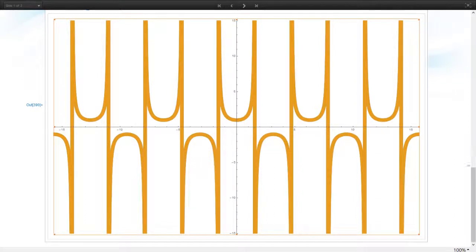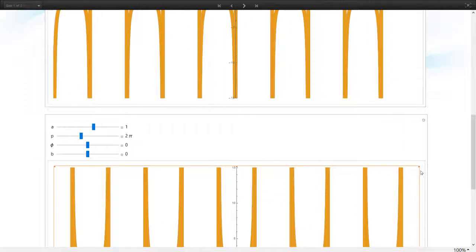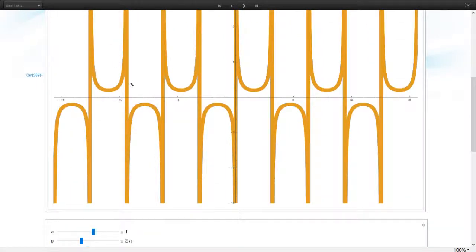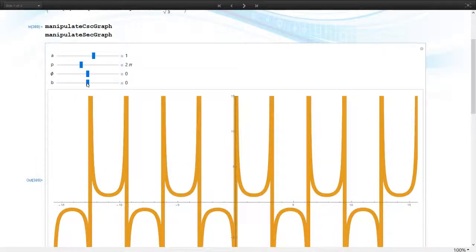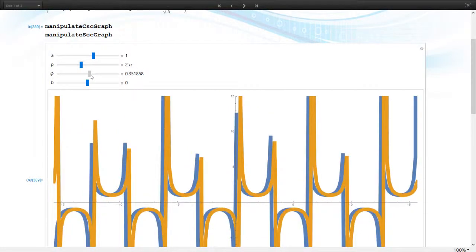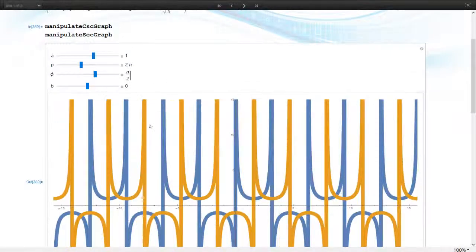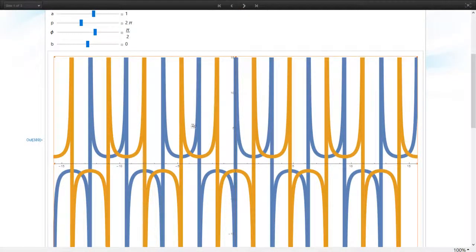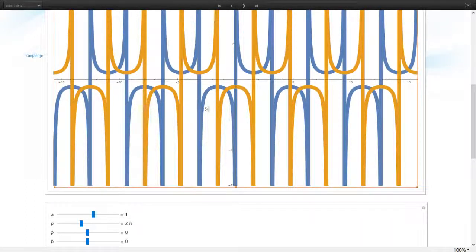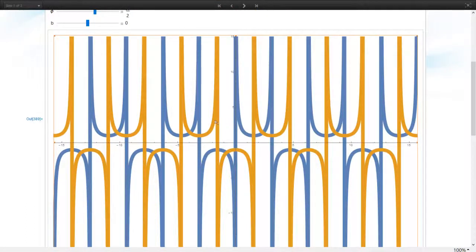So just like cosine was a shift of sine, we can see that secant is a shift of cosecant. Let's set this at pi over 2, and we click. Notice how we've shifted this graph over, or we shifted it in the wrong direction.